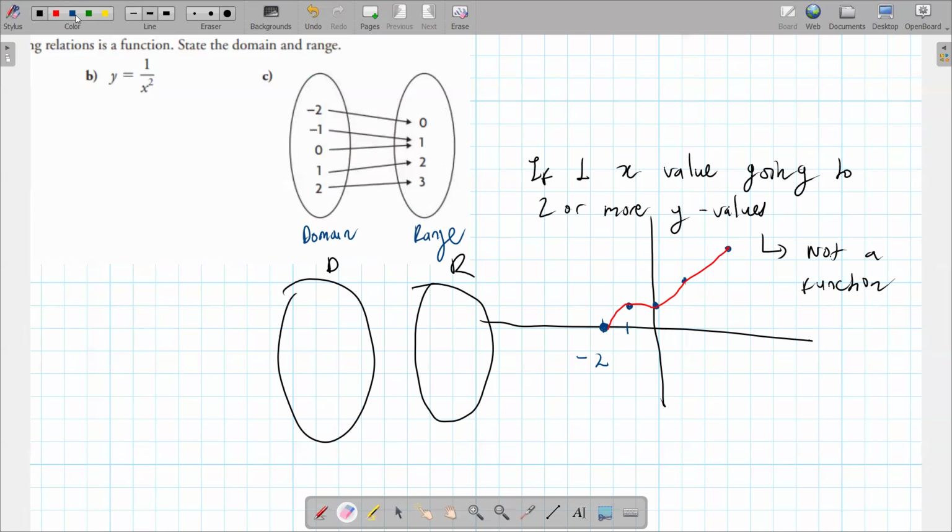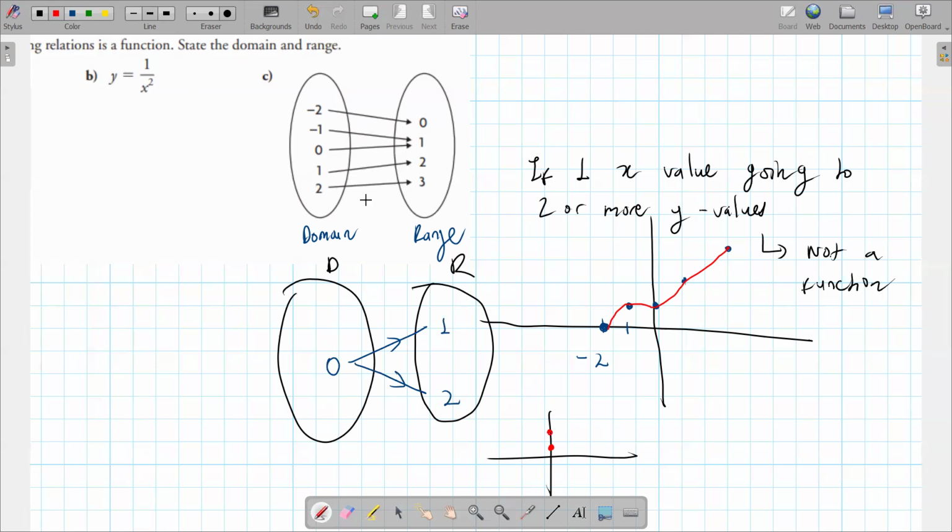Using an arrow, let's say you have, I'm going to use 0, right? 0 is here. That's one x value, and then this goes to 2 different y values. Something like this. Then it's not going to be a function. Why not? Well, let's graph it. So you have 0, 1, this point, and then you have 0, 2, this point. Does that pass the vertical line test? No, it does not.